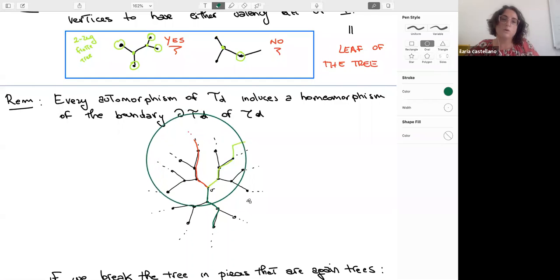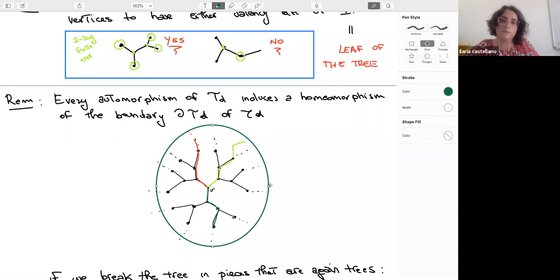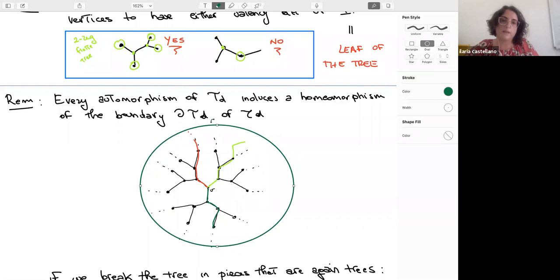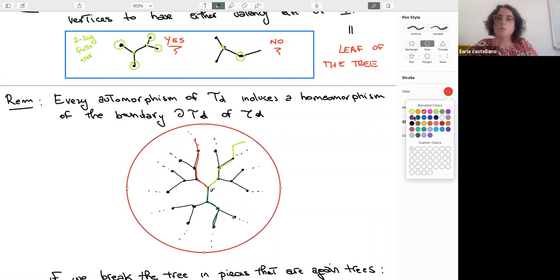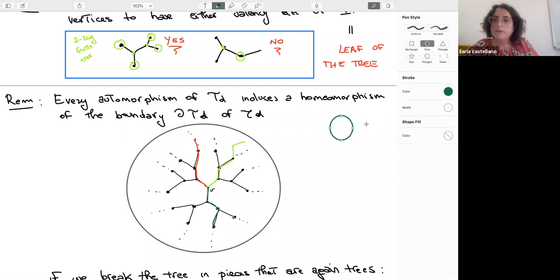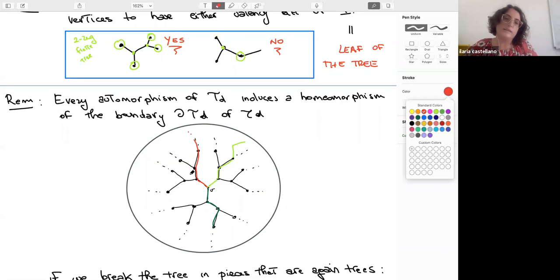If you visualize a sphere around the tree, what is happening is that all these directions are going to give a point that we call an end.